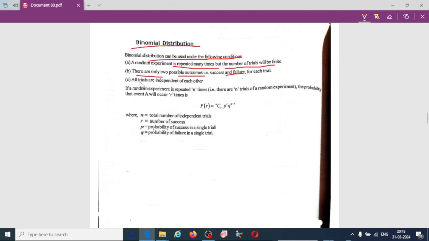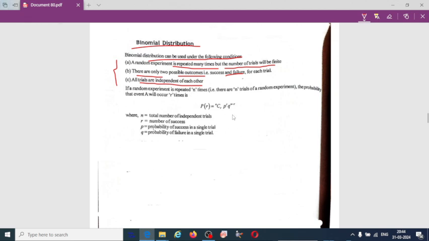Third, all trials are independent of each other. So this is the binomial distribution.